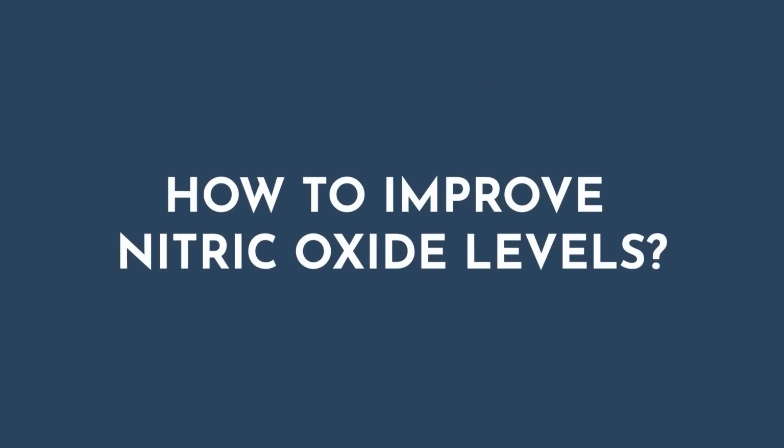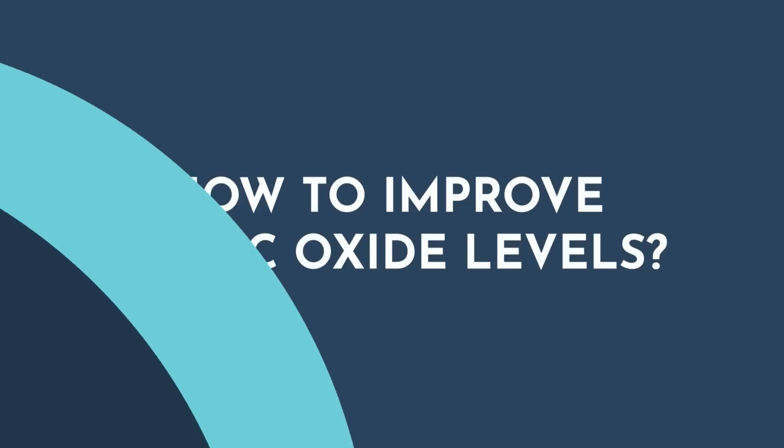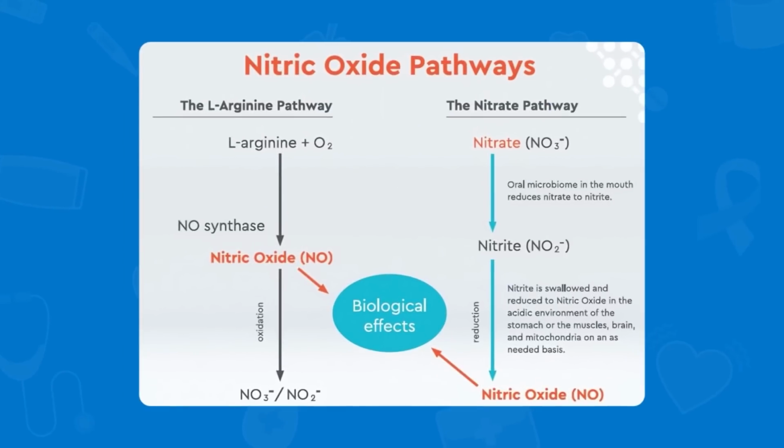So we're going to talk now about why and how we're going to get more nitric oxide, why we need it, and how we're going to improve nitric oxide levels, since it's such an important molecule for human health. So I mentioned before that when we're young, we rely on a certain pathway for making nitric oxide, and that is the L-arginine pathway.